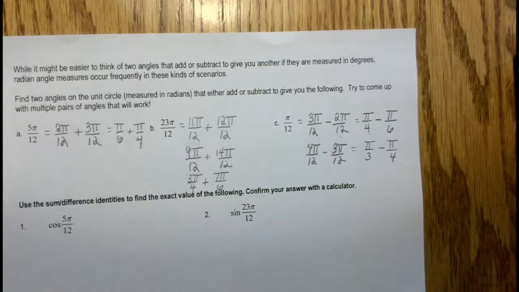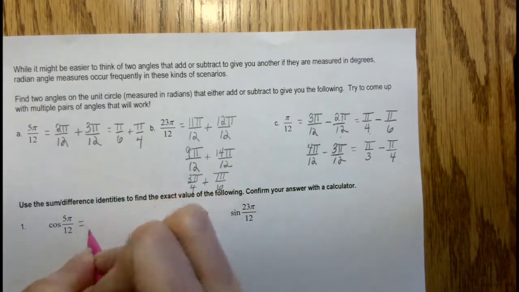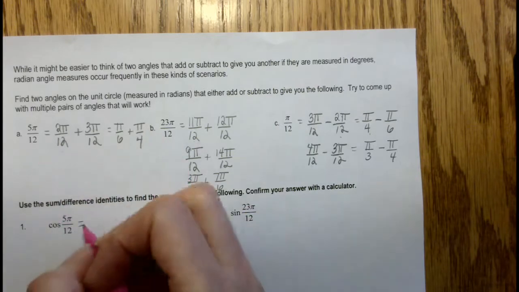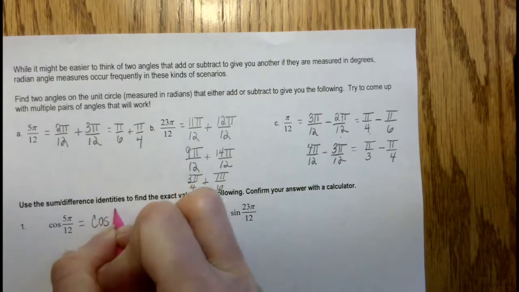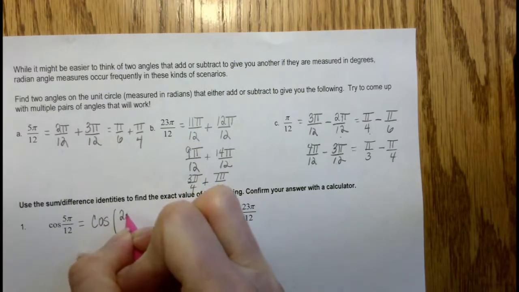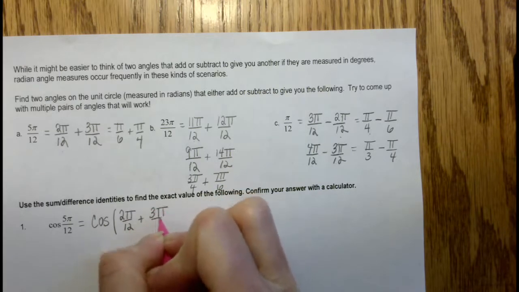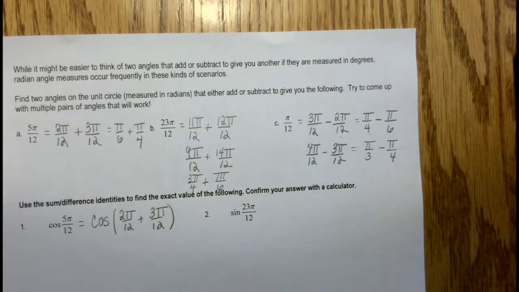And in fact, we just did 5 pi over 12, so I'm going to use those values of 2 pi over 12 plus 3 pi over 12. Maybe you don't write that step down, but when we simplify those values, it's going to be the cosine of pi over 6 plus pi over 4.